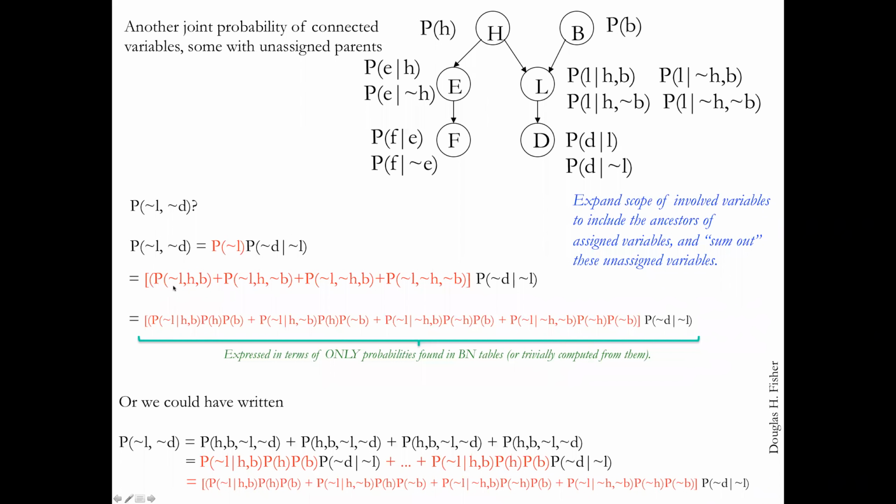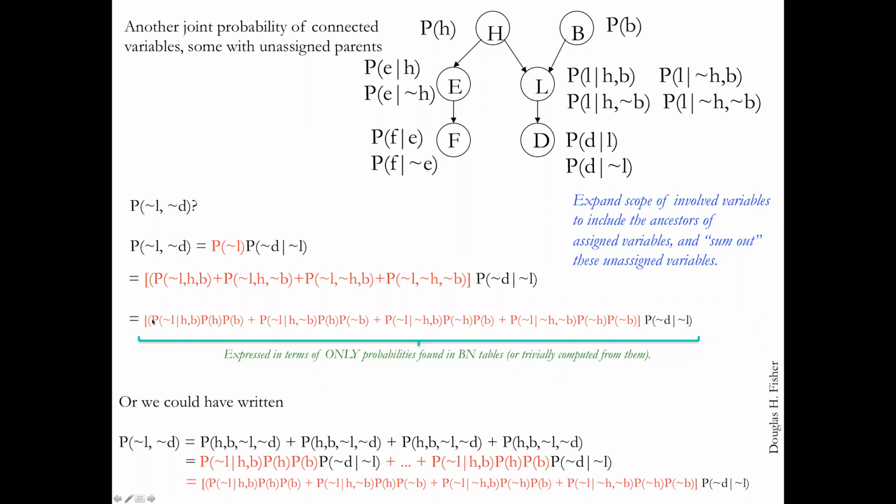So the probability of not L is the sum of the probabilities of not L and all the possible patterns of H and B that might exist. So the sum of these probabilities. And again, I can rewrite these probabilities, because now these involve the parents that have no ancestors.